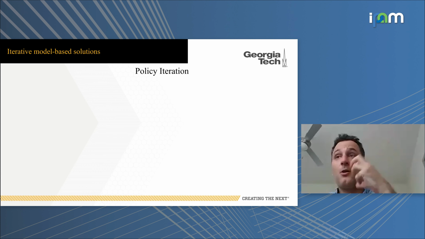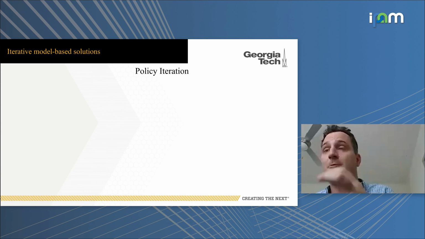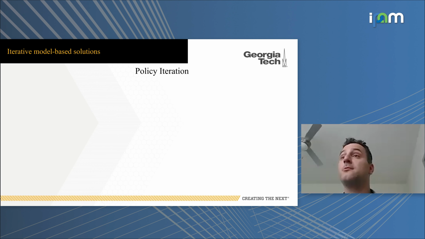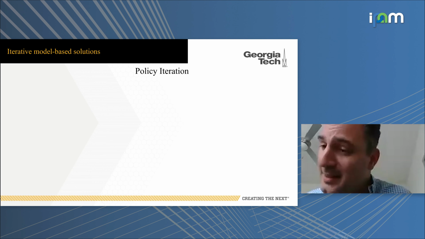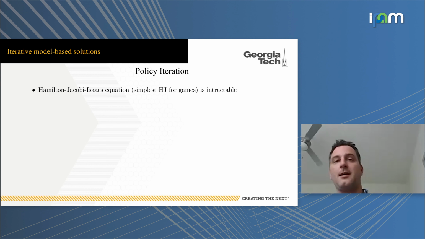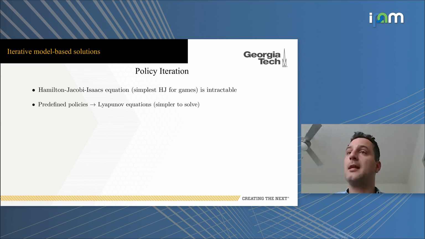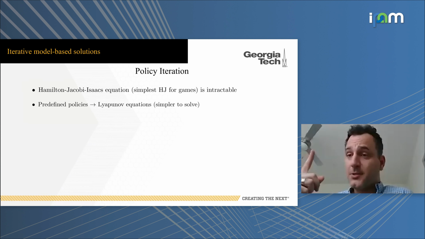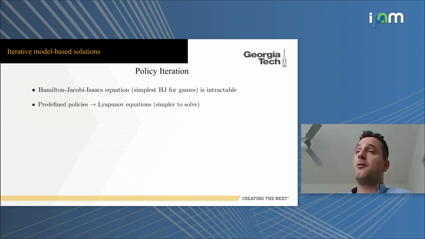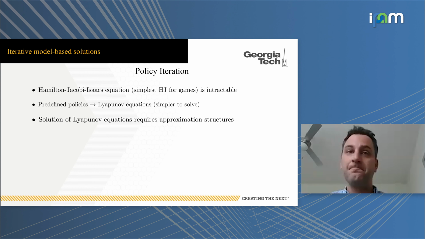Of course, it is also stabilizing, and it will also provide a bounded cost. But again, these are expensive equations, because every time I have to solve a Lyapunov equation. I have the policy improvement and the policy evaluation. In the policy evaluation, I have to solve a nonlinear Lyapunov equation at every step, which is not the best thing to do.